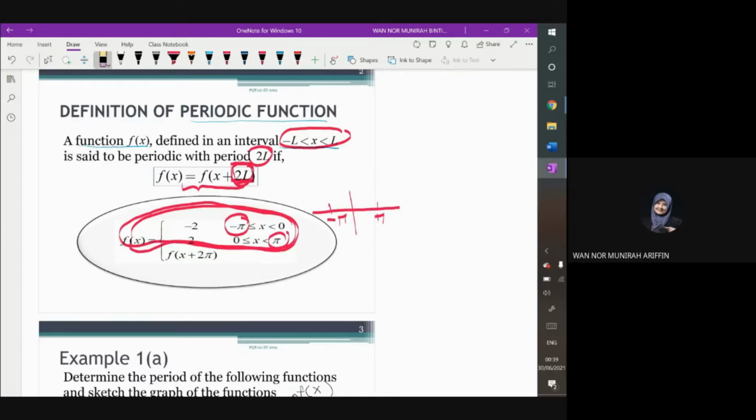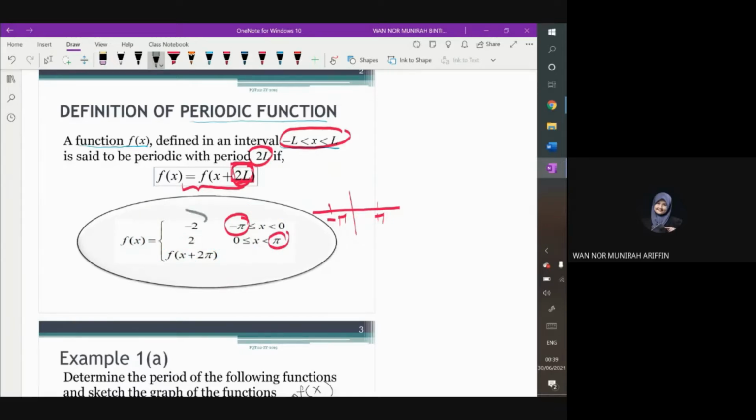But the existence of the period shows that this function will be repeated over the same interval, the same size.